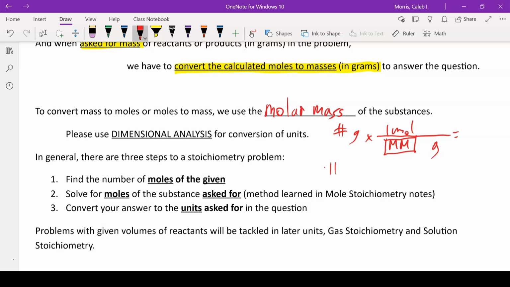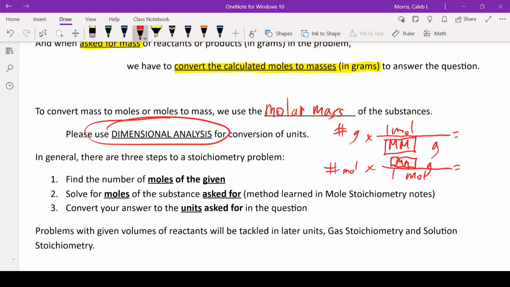Or if I'm given a number of moles and I'm looking for grams, I'm going to cancel out the moles, put 1 mole on the bottom, and put our molar mass as the number of grams on top. Okay, that's what I mean by dimensional analysis.